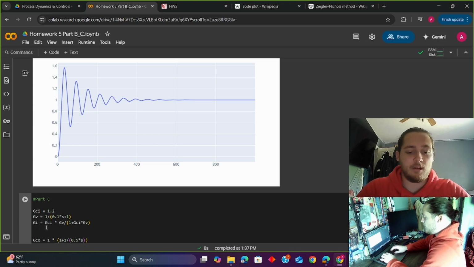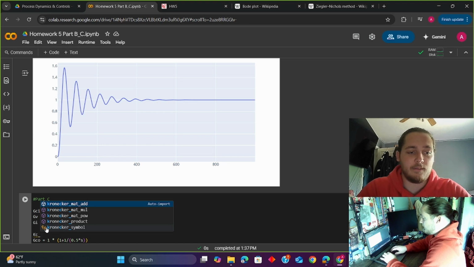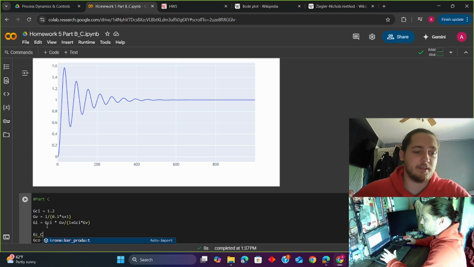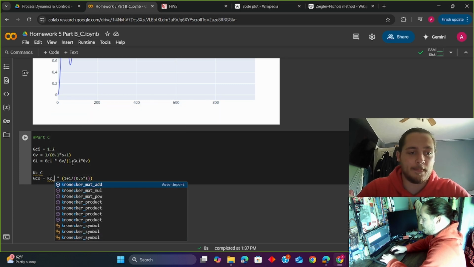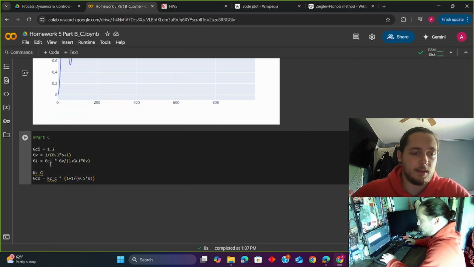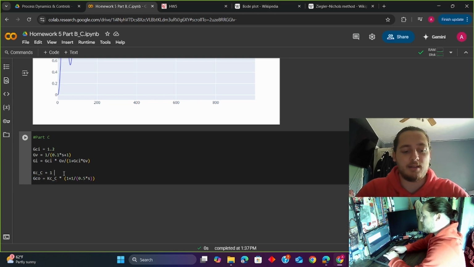So I'm going to go ahead and hard code this in, saying that it's going to be our KC for part C, in which we are using the cascade controller. So I'm going to change this to KC for C, and then I'm just going to make it 1. That way we can change our variable here instead of in the transfer function. So I'm going to type, this is our variable to change.